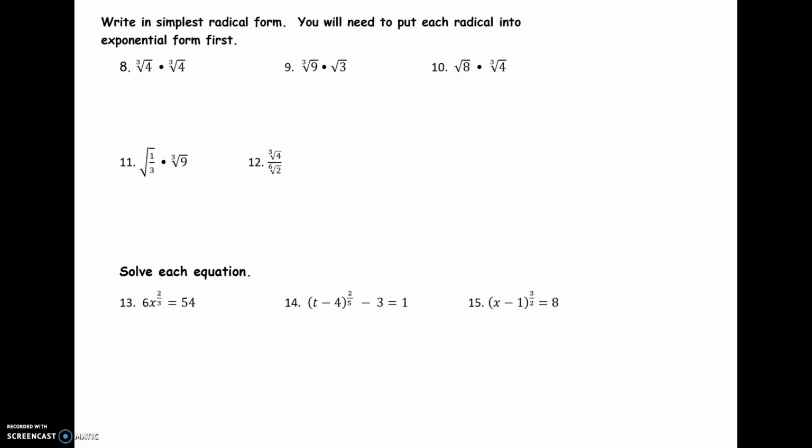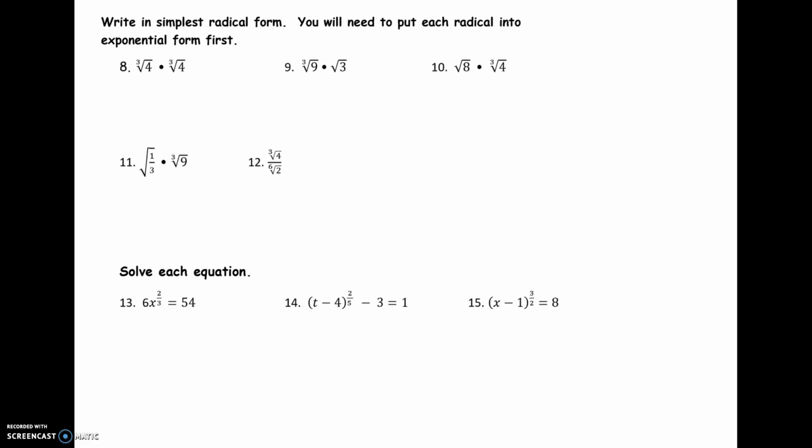I want to do number 9 with you and number 11. So if I look here, I have the cube root of 9 times the square root of 3. Those are not the same radicands inside the radical, nor are they the same root. So we cannot multiply those together.